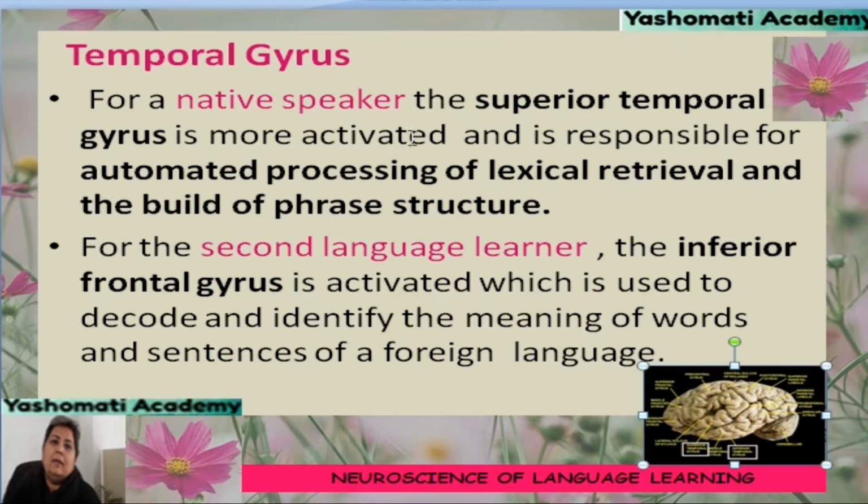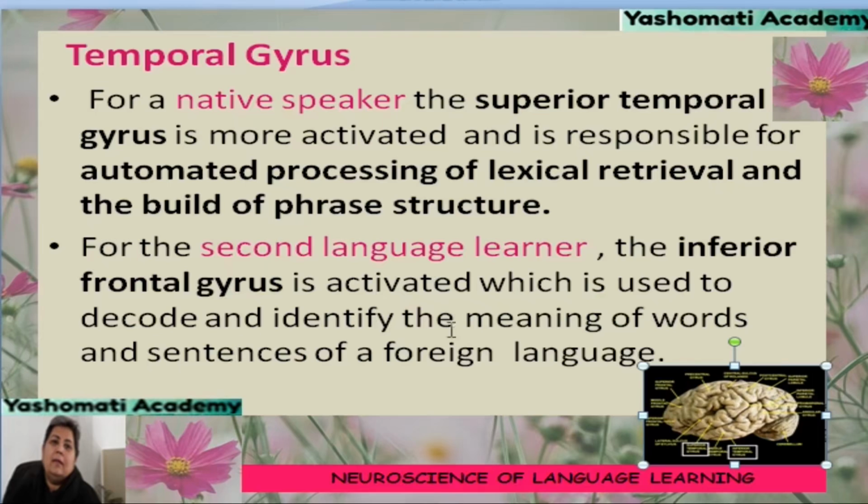As we studied in the previous part of the same lesson, for native speakers, language speaking is not a conscious effort because they learn it from interaction with the environment or through social interaction, and they learn it subconsciously.